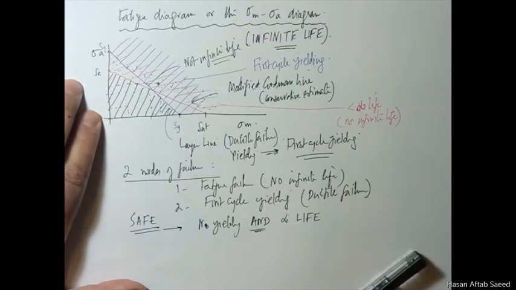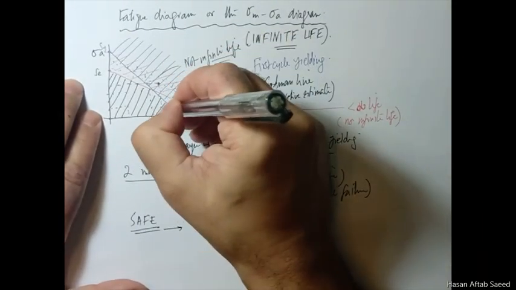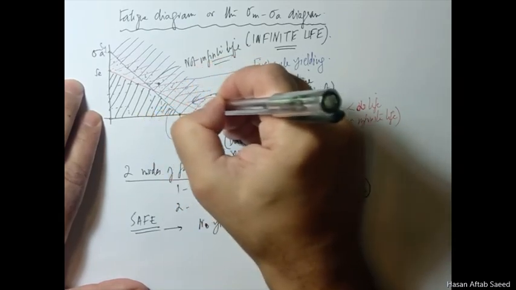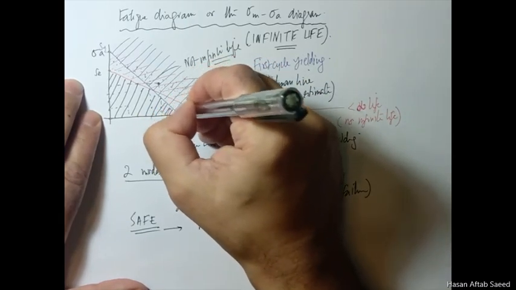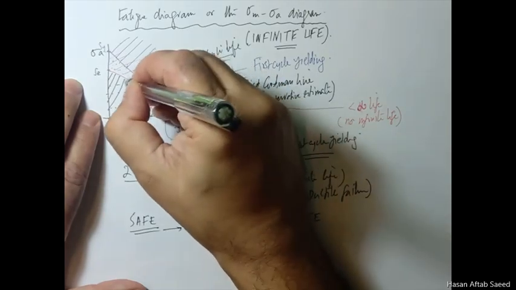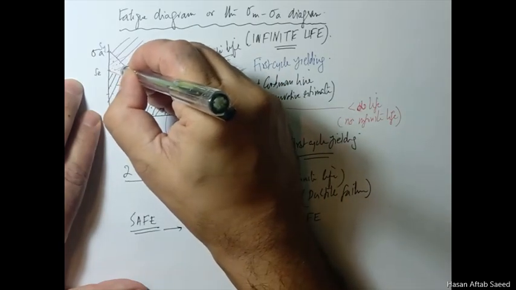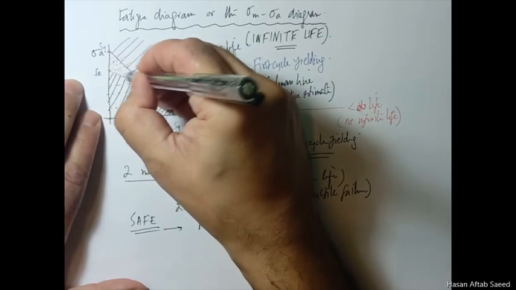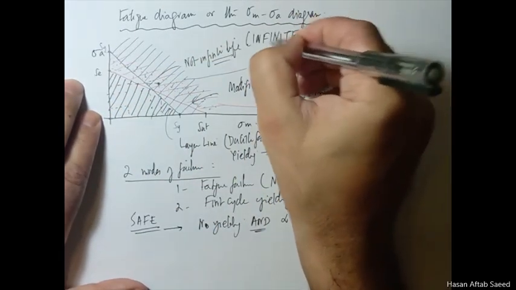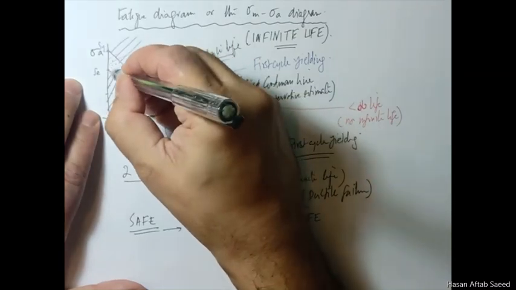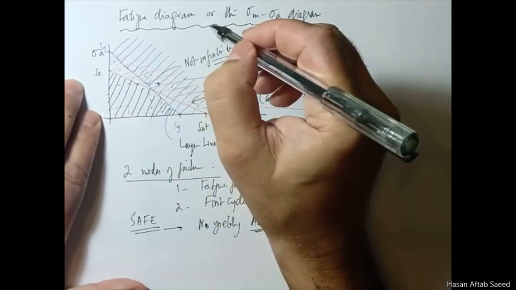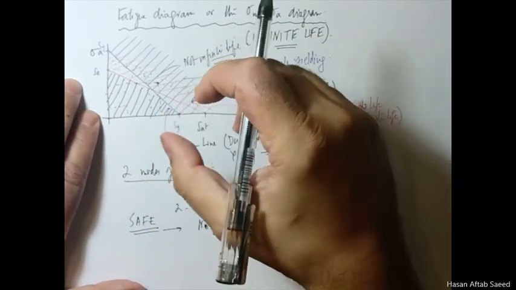For example, if your point locates somewhere here, there is no question of fatigue because already it has yielded. It has crossed this line, so you have yielded. If on the other hand something lands here, there is no concept of yielding because already you have failed this criterion of infinite life. The moment you cross this red line, you are in the finite life region, so you have failed your goal.